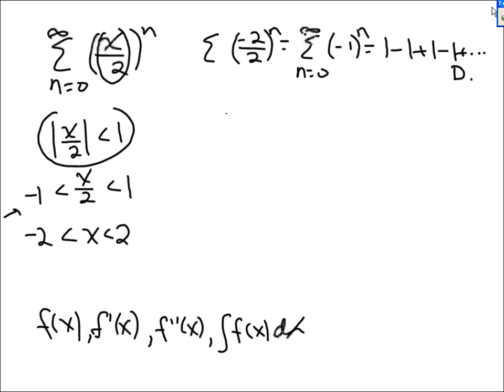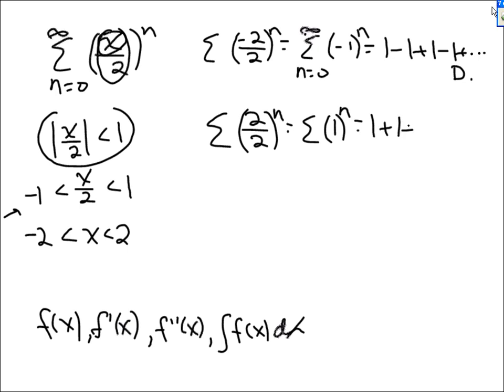Now if x is 2, instead of x I write 2. 2 over 2 is 1. 1 to the n. 1 plus 1 plus 1 forever. This diverges. So my answer is on the board.